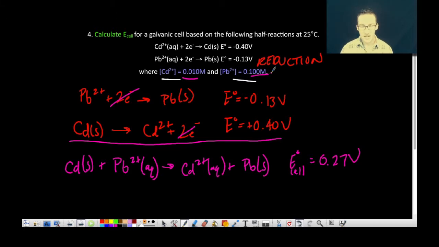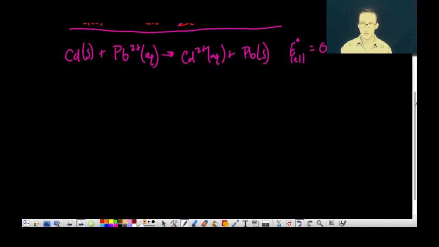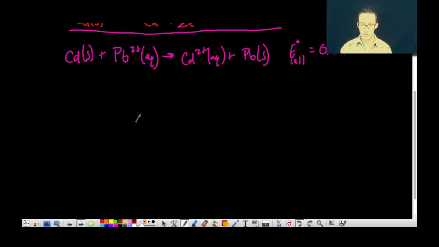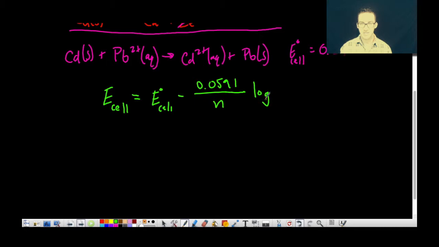Well, if you use the Nernst equation at 25 degrees Celsius, the Nernst equation reduces to: the cell potential is equal to your standard cell potential minus 0.0591 over your number of moles of electrons times the log of that reaction quotient.